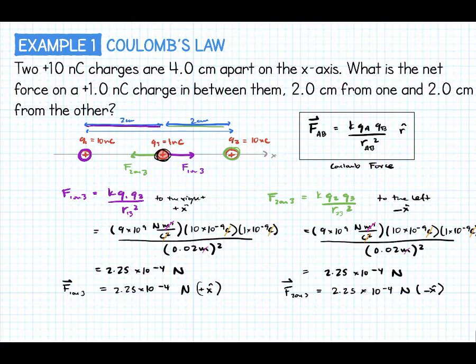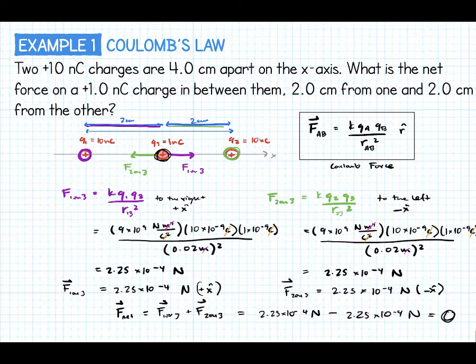So when you add up the net forces, which is something we call superposition, that means F net as a vector is F1 on 3 plus F2 on 3 as a vector. So that gives us 2.25 times 10 to the negative 4 newtons minus 2.25 times 10 to the negative 4 newtons, which is 0, okay, 0 newtons.